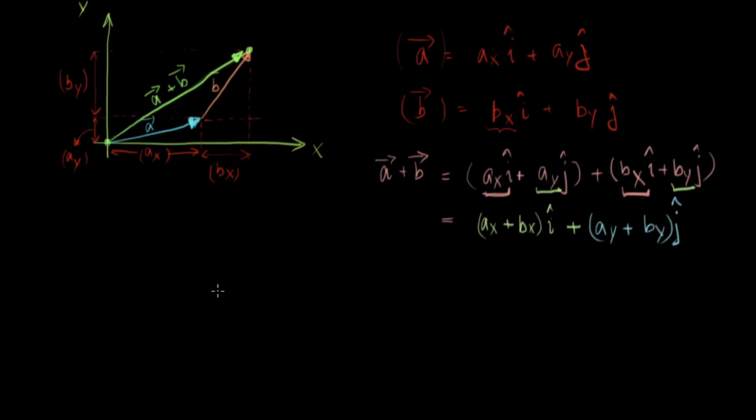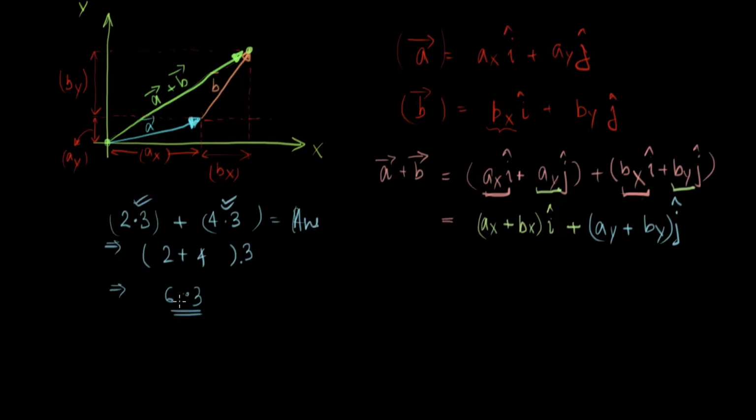Now this is just simple mathematics. If you have terms like 2 times 3 and you want to add that to 4 times 3, what you do is you take 3 out as a common factor and then you add 2 plus 4. And this gives you 6 times 3, which is the same as if you would have evaluated these individual terms and written out the final answer. So essentially what I'm doing here is I'm treating i cap and j cap as the common factors, like the 3, and I'm taking them out as common.